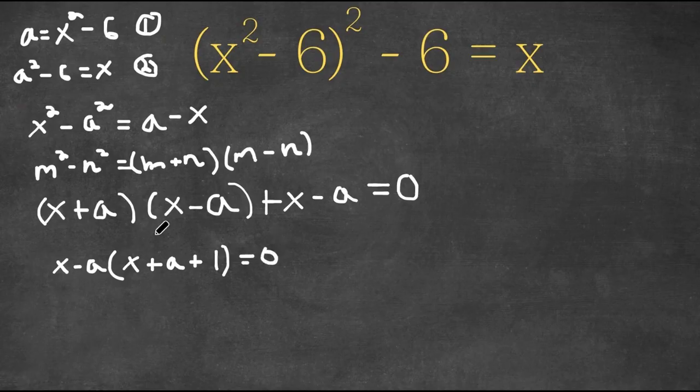So now this would actually give us two equations. We would have x minus a is equal to 0. And for this, if we add a on both sides, we simply get x is equal to a.